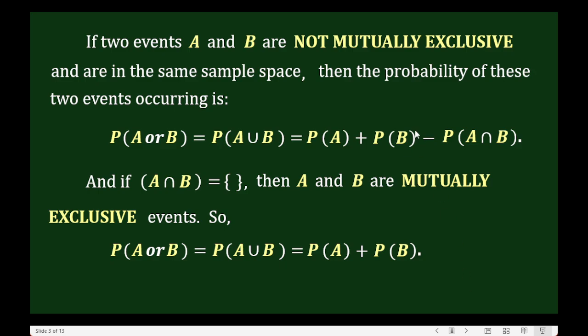While for two events that are not mutually exclusive, there are some common elements, so we need to subtract the probability of their intersection from the sum of the probabilities of the two events.